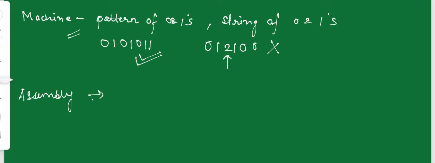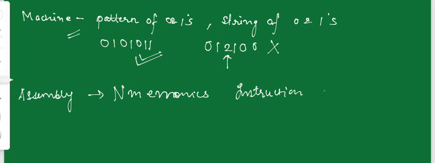And if we talk about another language, assembly level language, then there are mnemonics. So how do you converse in assembly language? Basically, you write the instruction and then you write the data. So if you want to tell the computer to add two numbers, 5 and 2, then how are you going to write it?